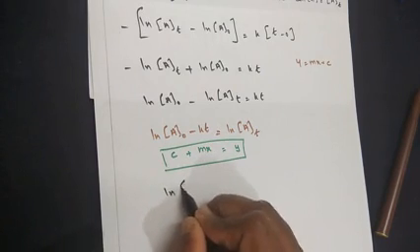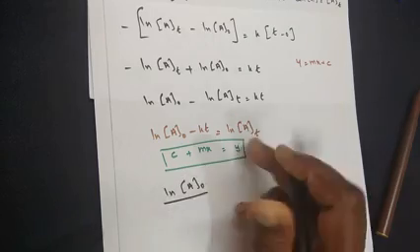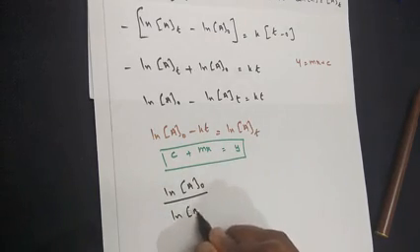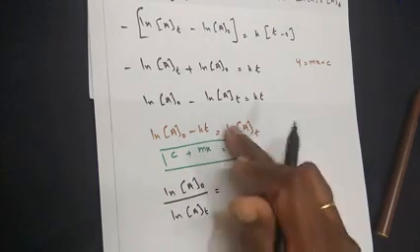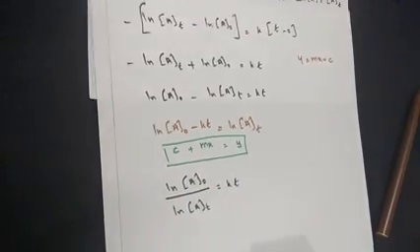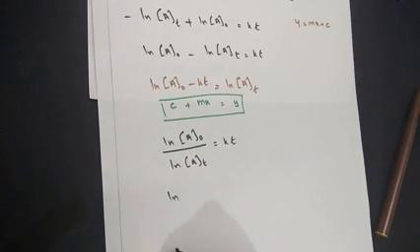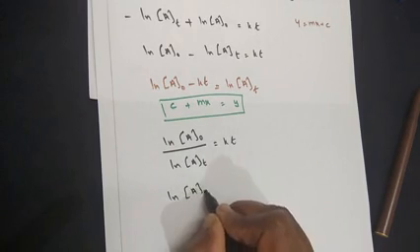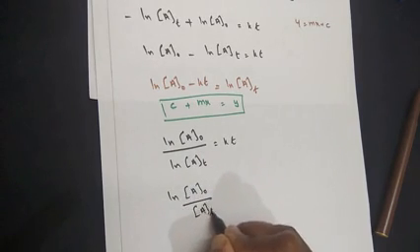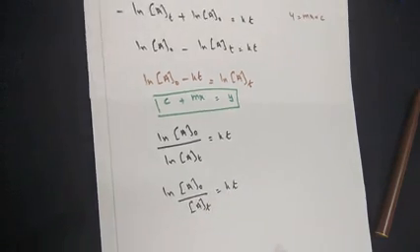I've got natural log of A naught by natural log of At is equal to, taking the Kt on the other side. Since I've got natural log on both sides, I'm taking it to be common: natural log of A naught by At is equal to Kt.